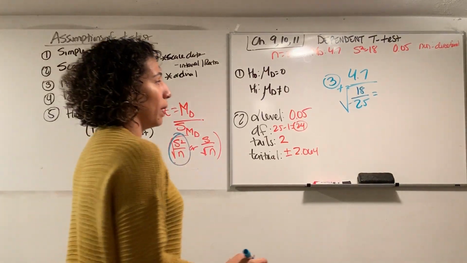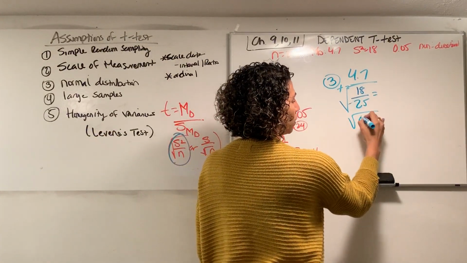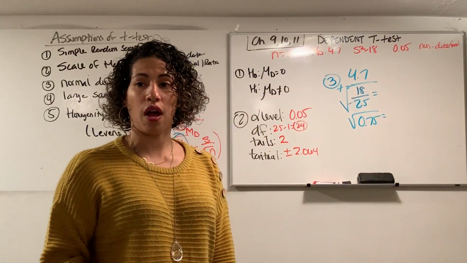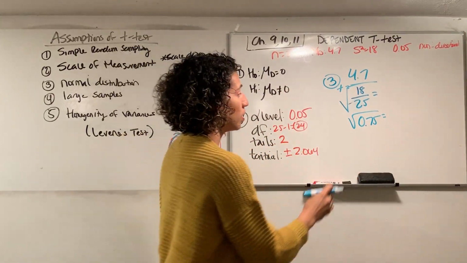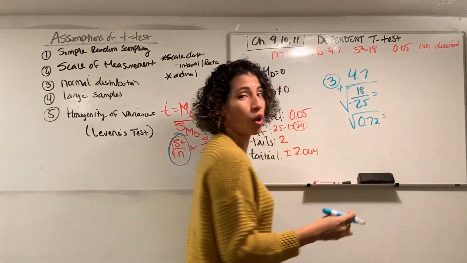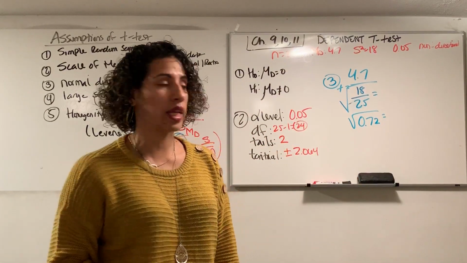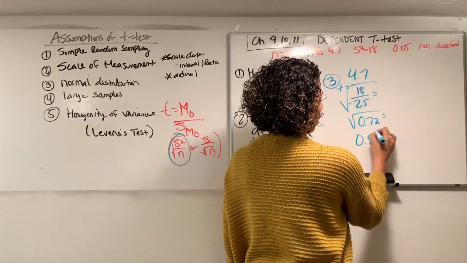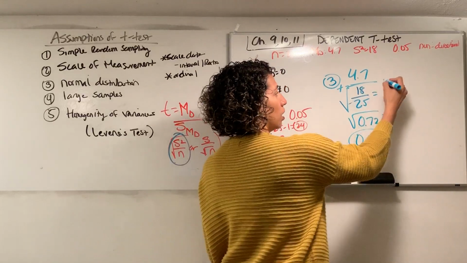So 18 divided by 25 gives 0.72, and the square root of 0.72 leads us to 0.85. That's the bottom of the formula.